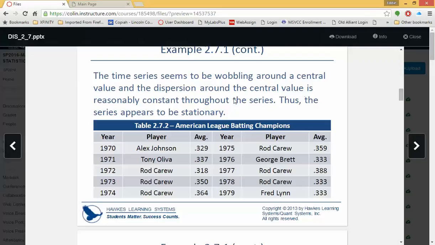Thus, the series appears to be stationary, meaning that it's varying between really that 0.300 and 0.400, and a lot of times closer to 0.300. Usually you don't see the really high batting averages.